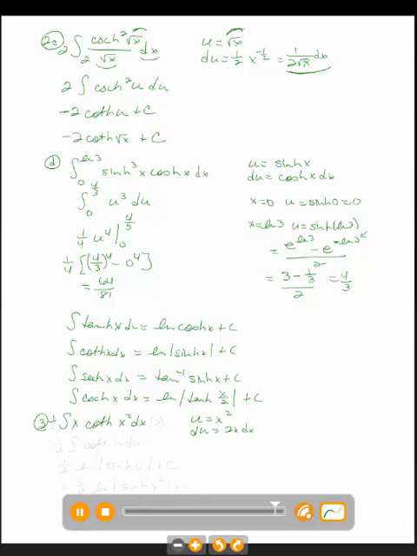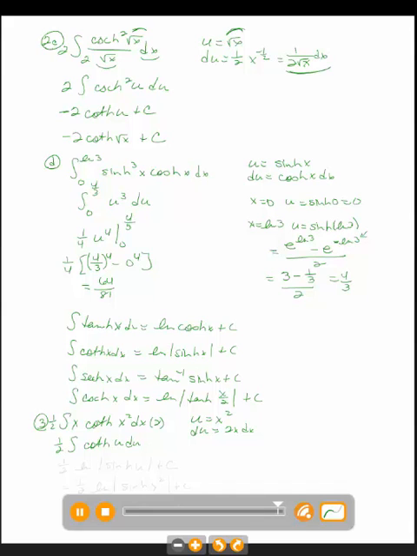So I've got the x, I'm missing a 2, so I'm going to insert a 2 and a 1/2 in front. So 1/2 integral of the hyperbolic cotangent of u du.